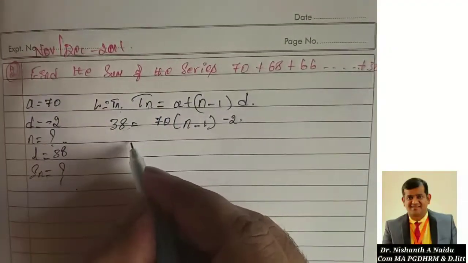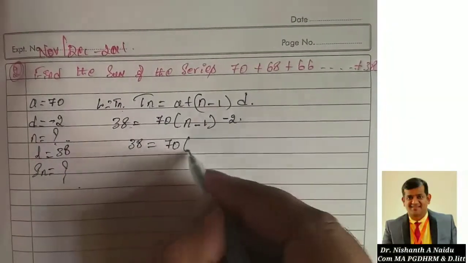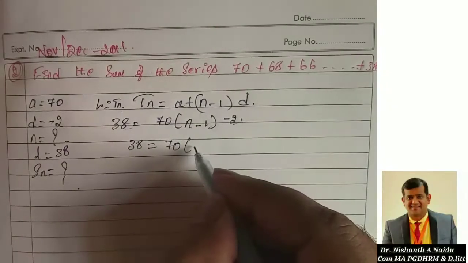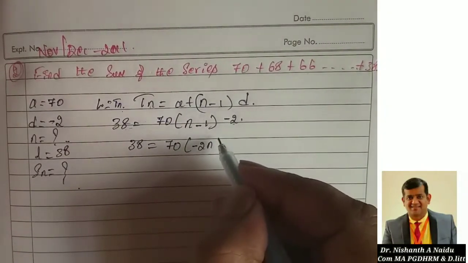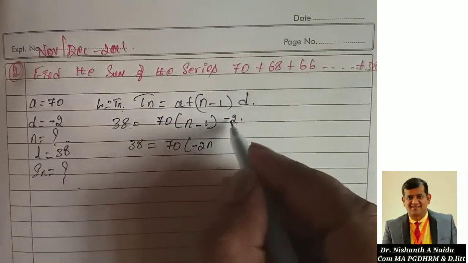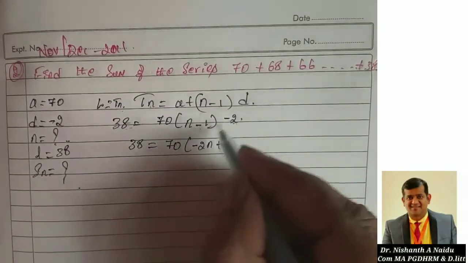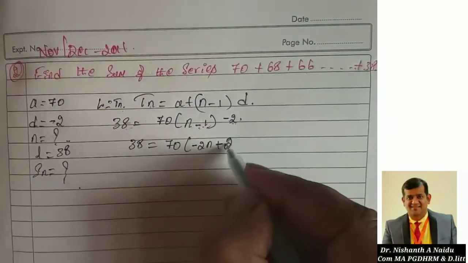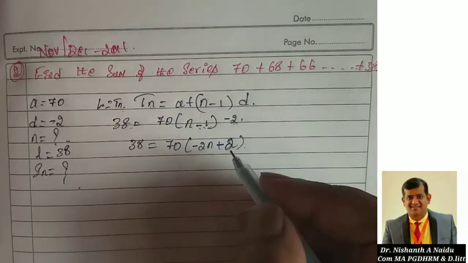So in the next step, 38 equals 70 minus 2n, then minus 2 times minus 1 gives plus 2, because minus into minus is plus.